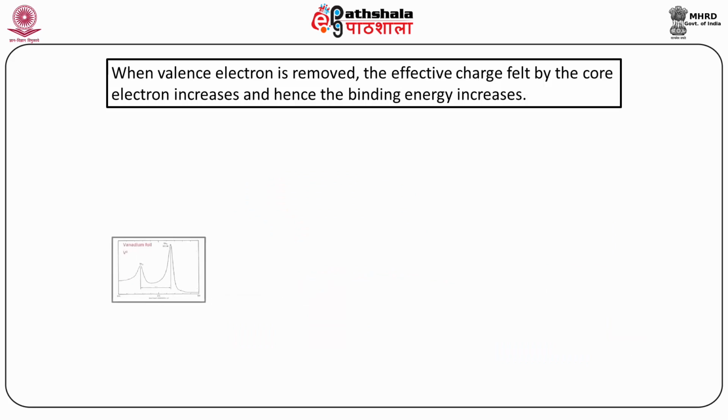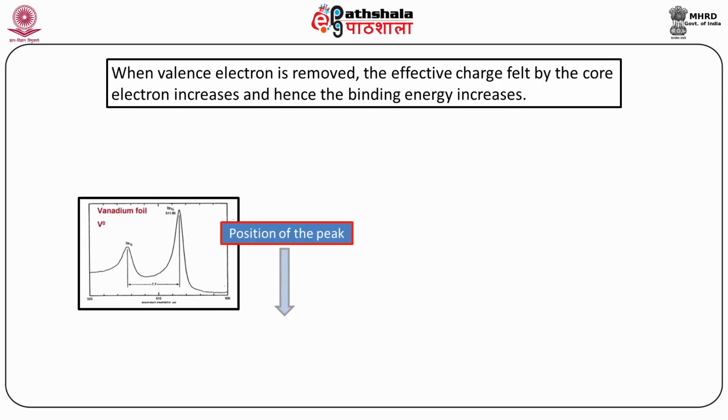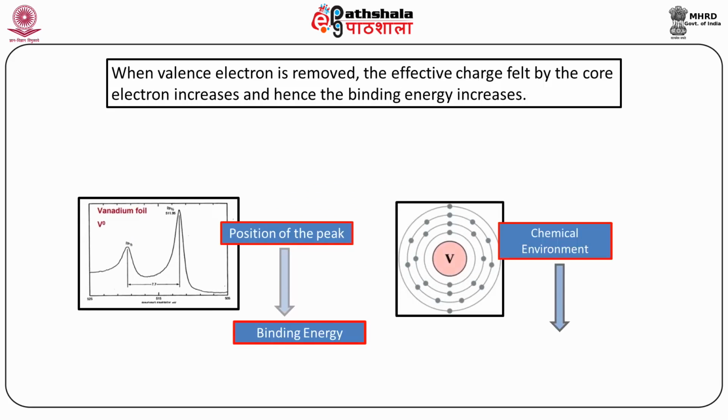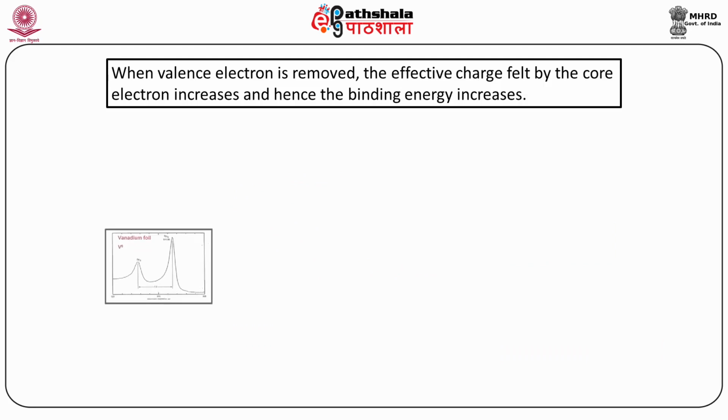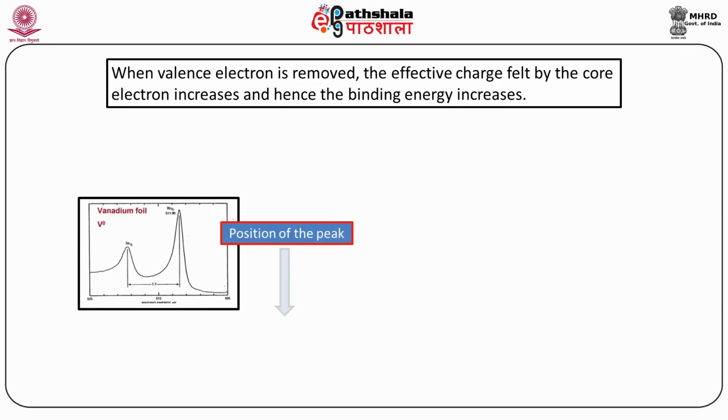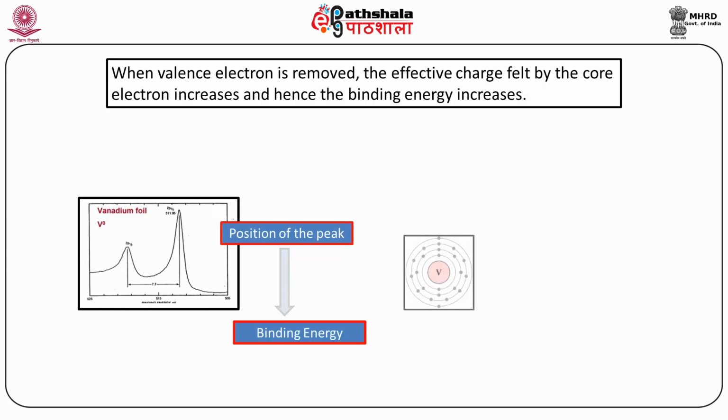This has been shown here in the spectra and the way electrons are organized around a central nucleus. We have the position of the peak and the binding energies plotted on this spectra, and on the other side we have the chemical environment and the number of valence electrons.